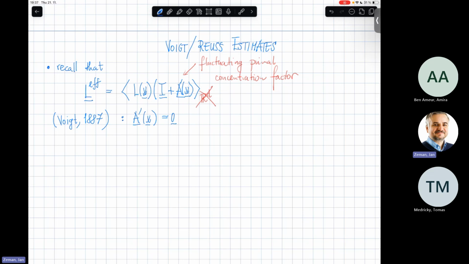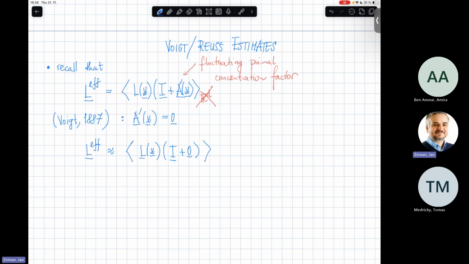And his claim is that this L effective is estimated under this assumption by the following object, which is this L of x, matrix-wise identity matrix of corresponding size, plus 0.